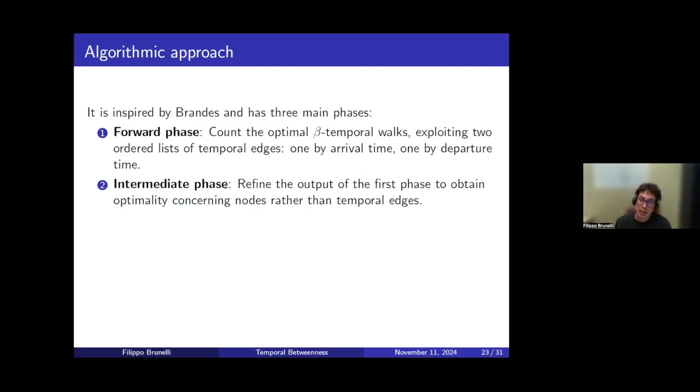However, when we are dealing with betweenness, the optimality that we are interested in is the optimality towards the target. So basically, we will need to refine the optimality that we obtain regarding the temporal edges in the first phase to the optimality of the vertices.